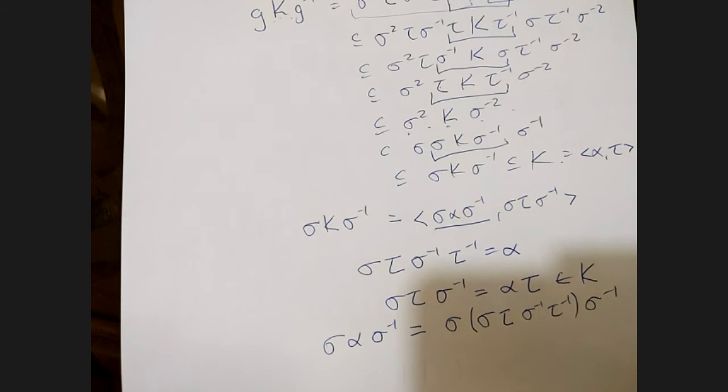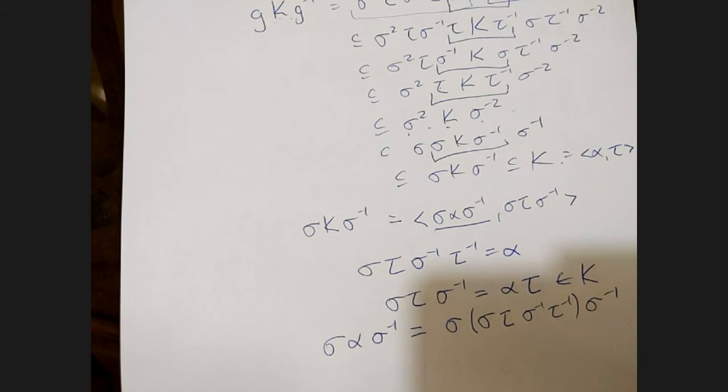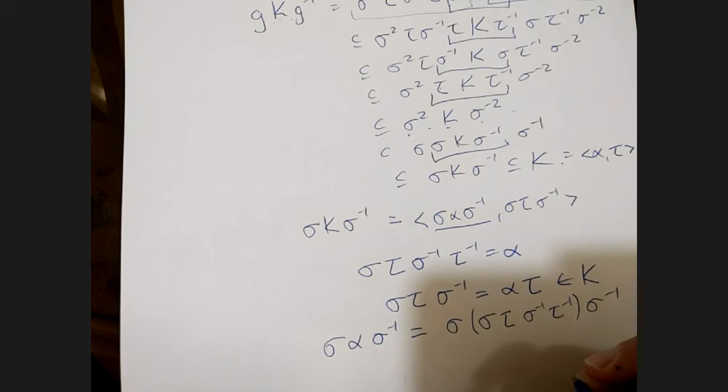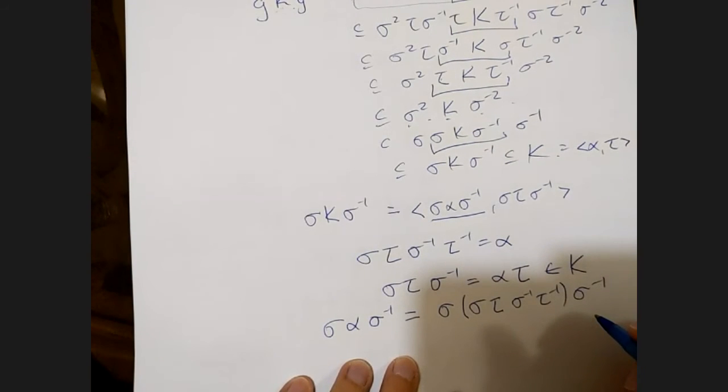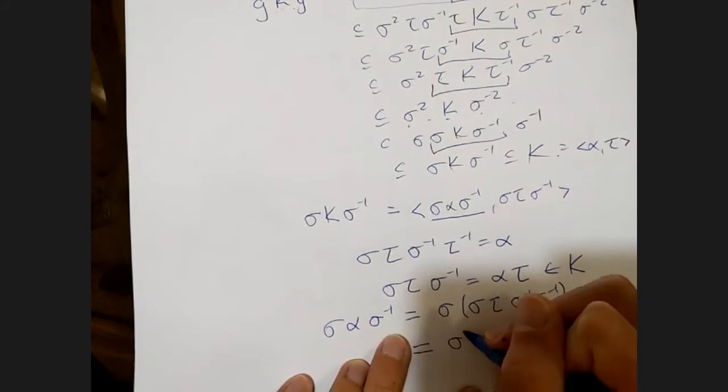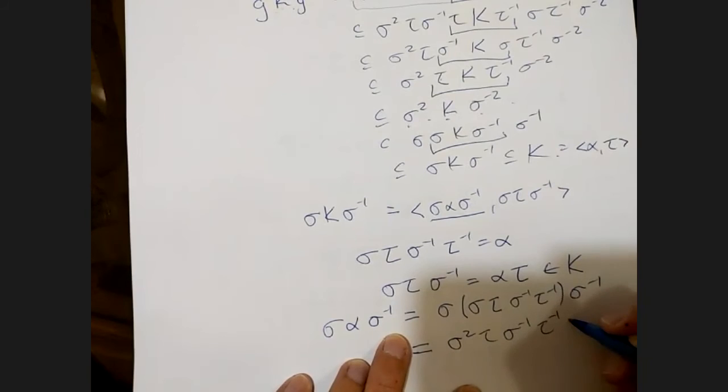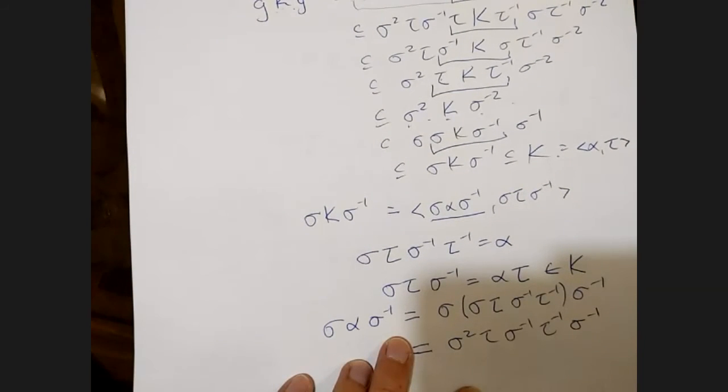Let's think about it for a little bit. Well, we can write this as sigma squared tau sigma inverse tau inverse sigma inverse.